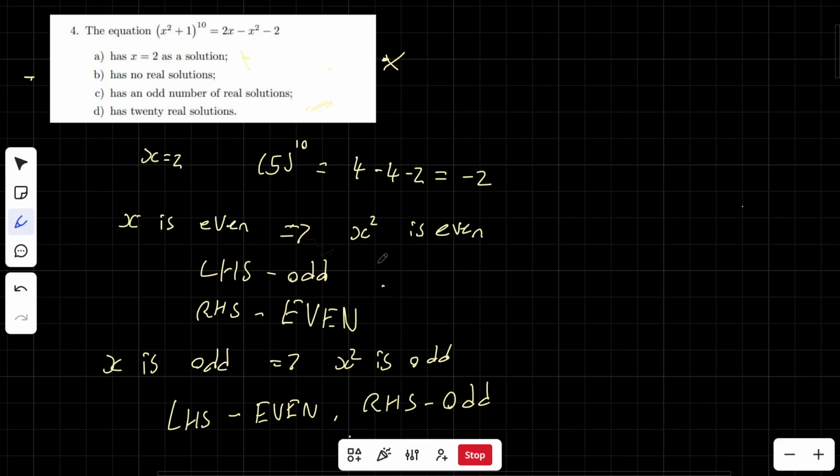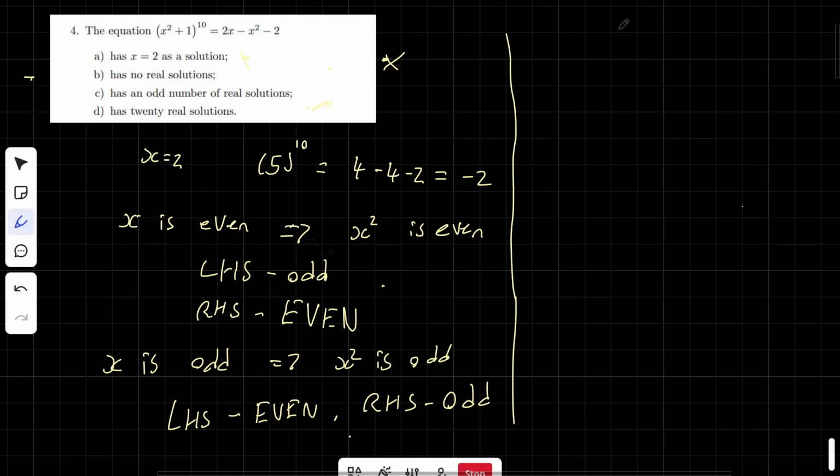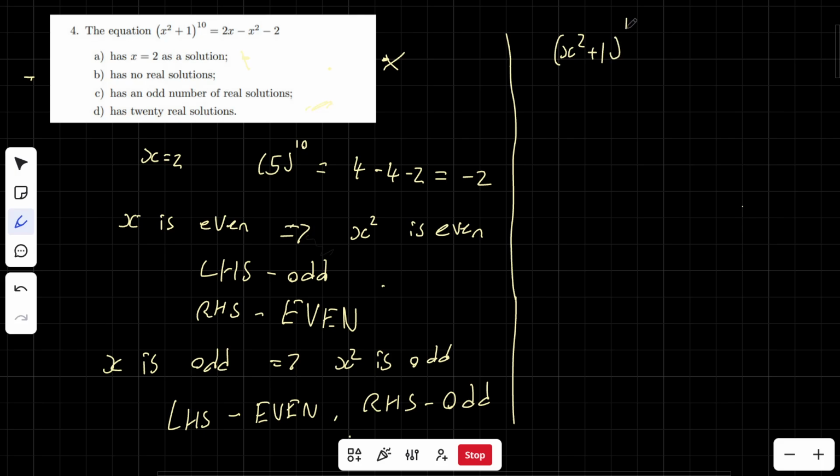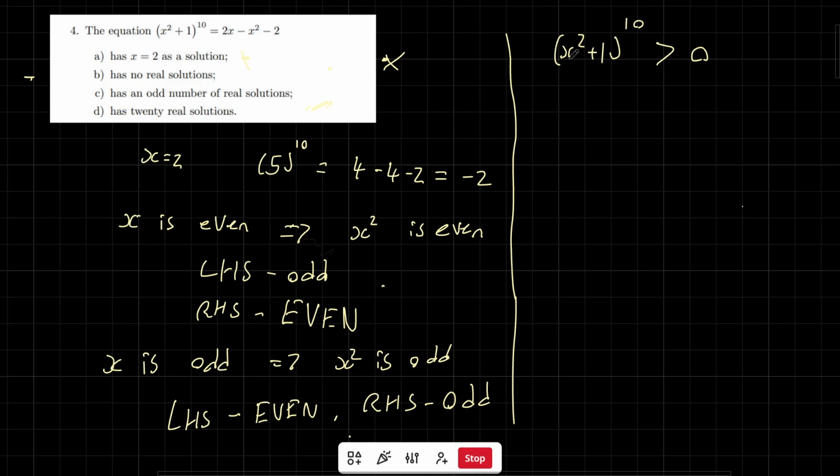Another way of going about this would be looking at whether the expressions can take positive or negative values. So if you notice the left-hand side, (x squared plus 1) to the power of 10, this is always going to be positive. x squared is always positive, you add 1, it's going to be positive.